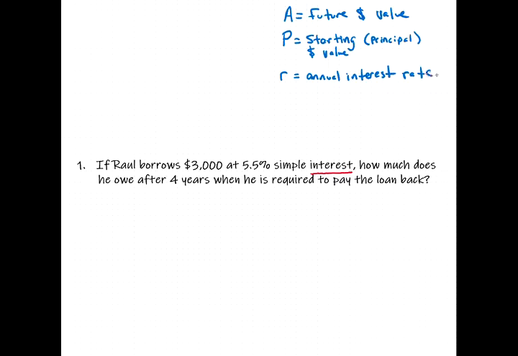And that annual interest rate, since we're using it in a mathematical formula, cannot be a percentage. We can't use 5.5, for example, in this problem, because it's 5.5%. So the annual interest rate, r, has to be given, let me write this in red because this is important, as a decimal.